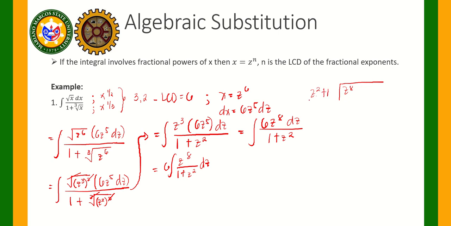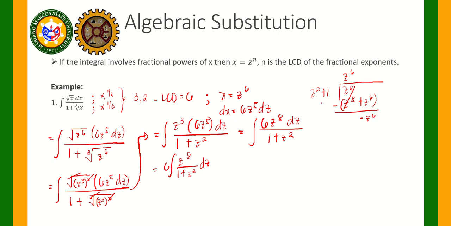So, z raised to 8 divided by z squared is equal to z raised to 6. Kasi sinubtract lang natin yung exponents. And then, for multiplication naman, we add the exponents. Tapos, z raised to 6. And then, we subtract. Of course, this will cancel and we bring down z raised to 6.